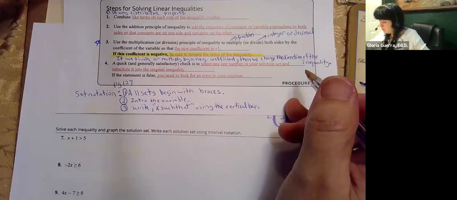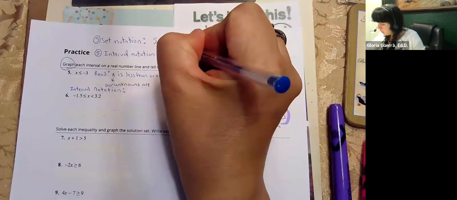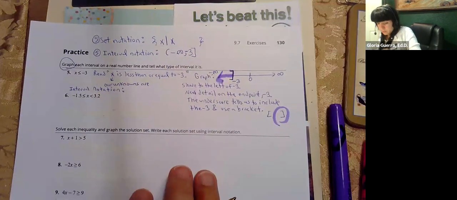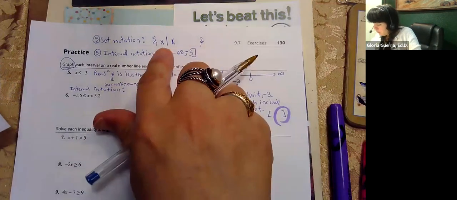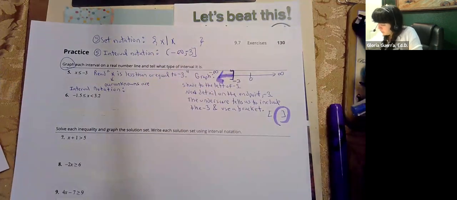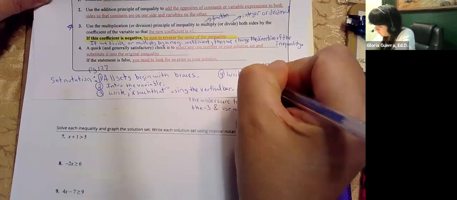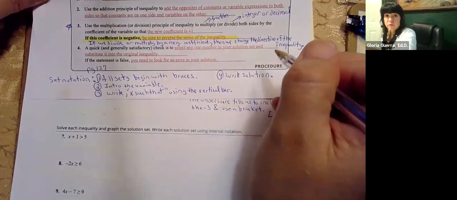What I mean by that is here on number 5 we just had X. So X such that. Introduce a variable, write X such that using the vertical bar. There's your vertical bar. And then you're supposed to write your solution, that would be number 4. You write your solution down.